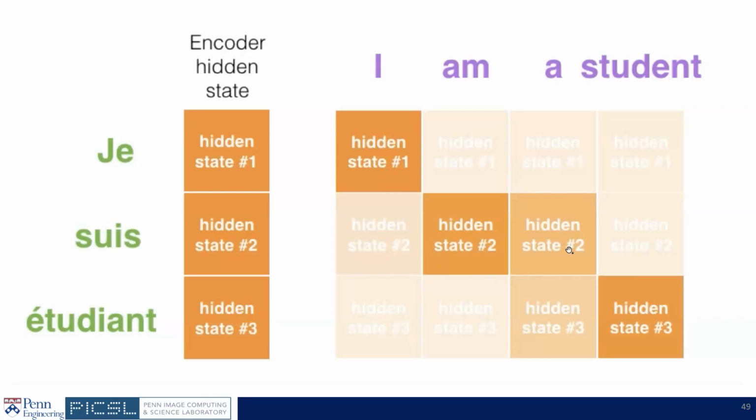Also, student a lot too, right? Student is 1/3 of the total. So like this one, you're saying it should attend to student, right? Well, it attends to 2 and 3.